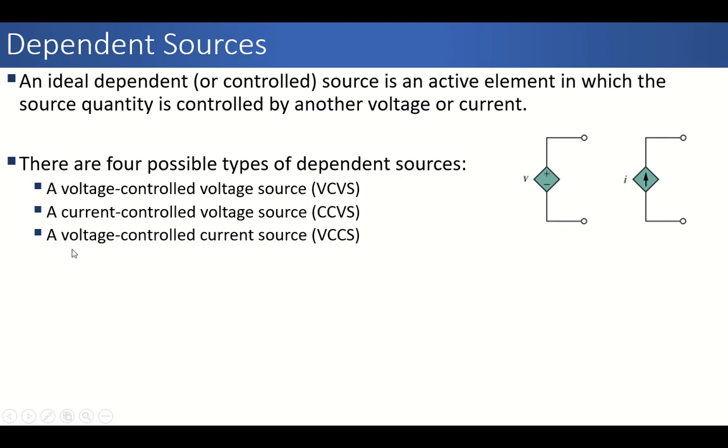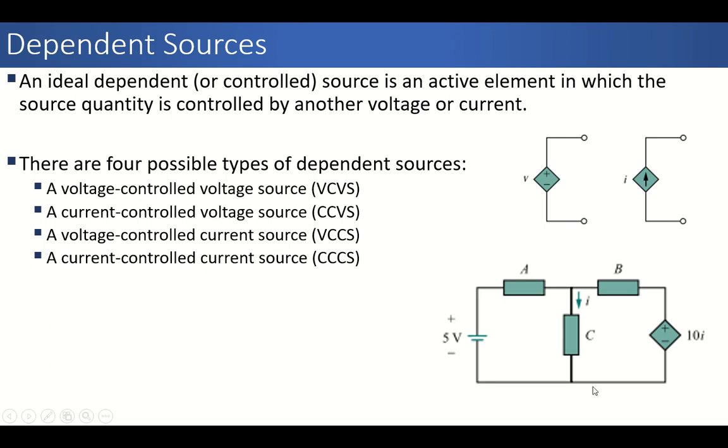Similarly, we could have a voltage controlled current source, a current source whose current is controlled by the voltage across another element in the circuit. The fourth possibility is a current controlled current source, that is, a current source whose current is dependent on the current in another branch.